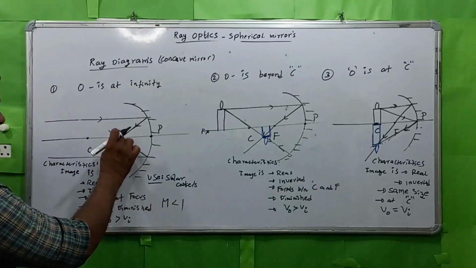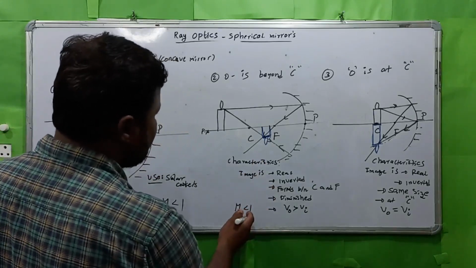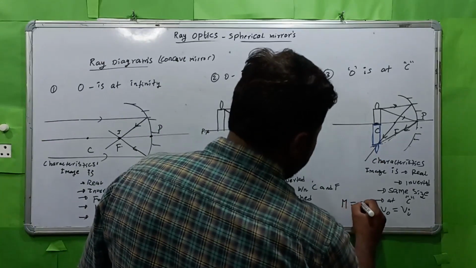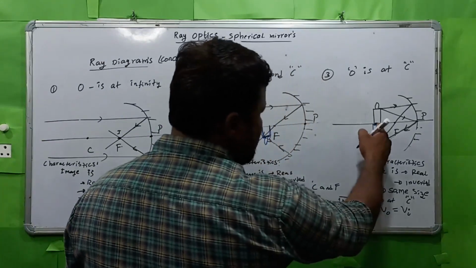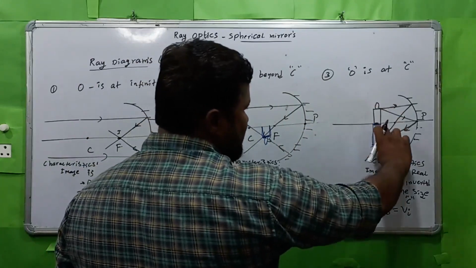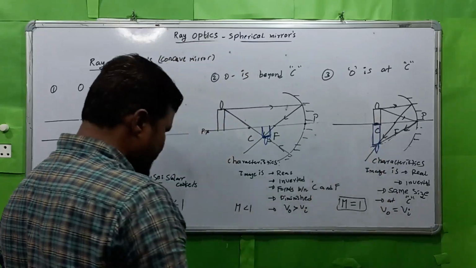Why? Because of diminished size. Over here also magnification is less than 1. Why? Because diminished. Here magnification is considered to be plus 1 in this situation. Why? Because same size. Height of the image by height of the object is nothing but the same. So magnification is considered to be 1.